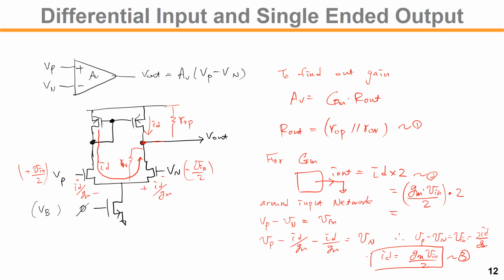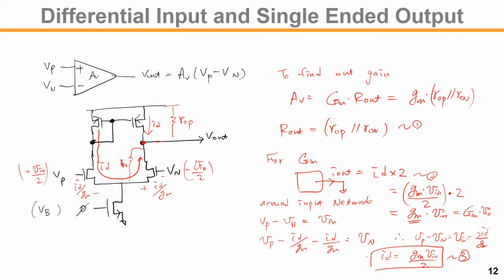So that will be GM times V in. So the big GM would be the same as GM. So finally, the big GM times V in. Finally, AV would be what? So big GM is GM, and R out is ROP parallel with RON, right? Something like this.